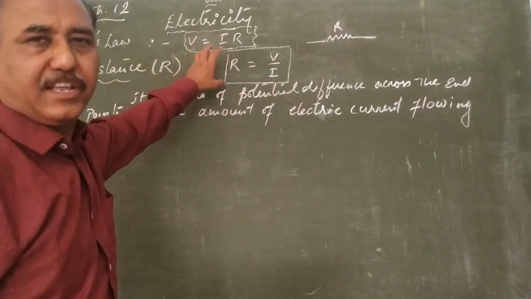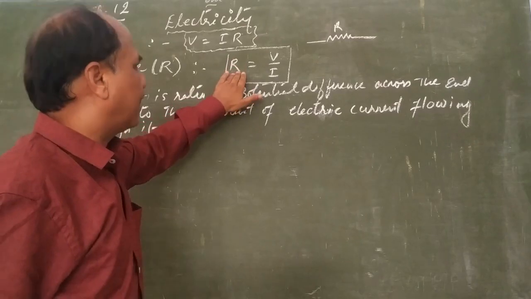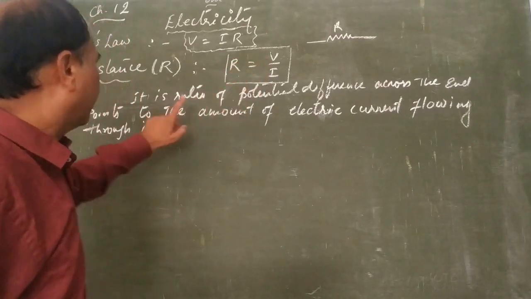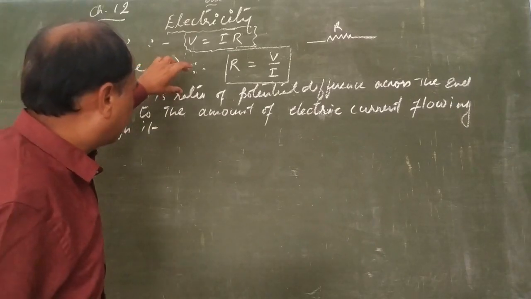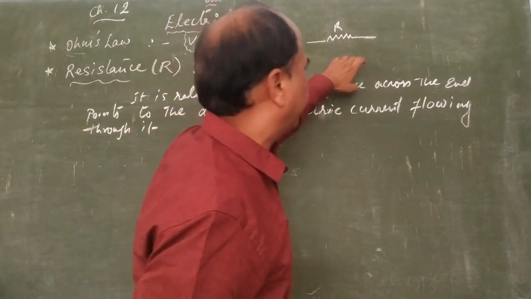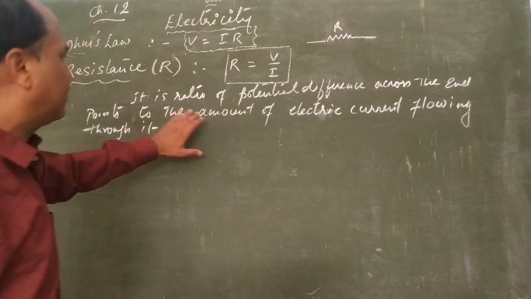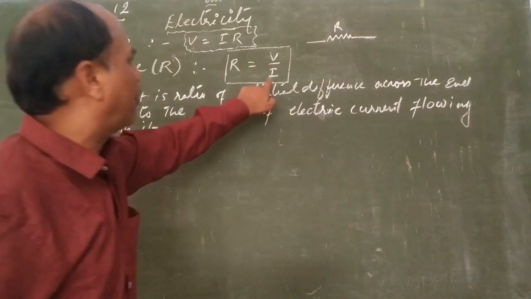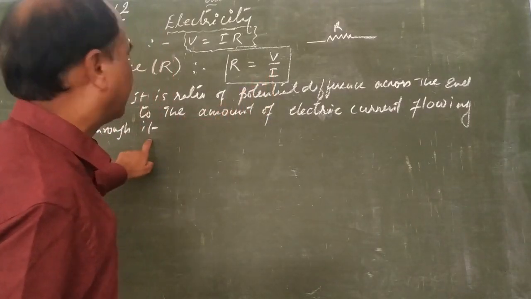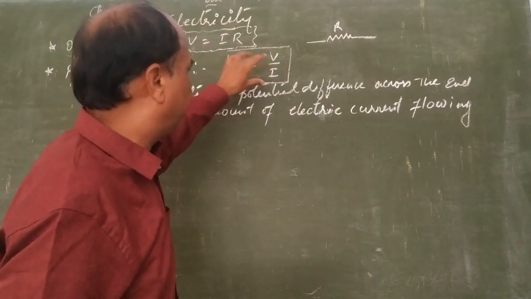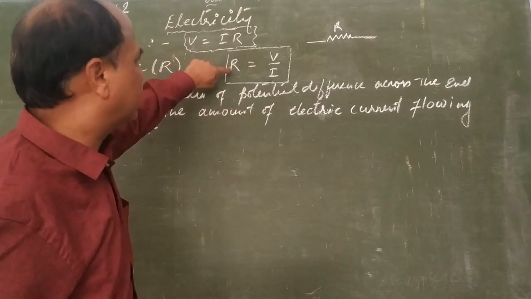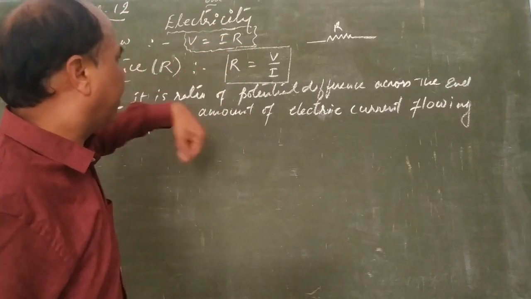So we have just defined this relation here. R is equal to V by I, and we can state this expression as the ratio of potential difference across the endpoints to the amount of electric current flowing through it. That means V upon I, potential difference divided by electric current. That is called resistance.